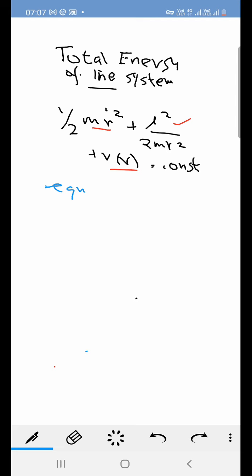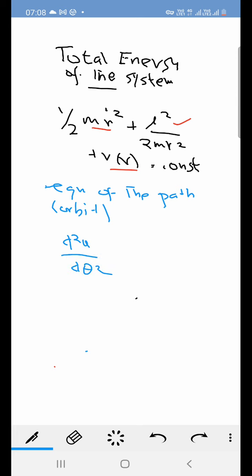The equation of the path or orbit is given as d squared u by d theta squared equal to minus u minus m divided by L squared u squared times F of 1 by u, where u is the inverse of the coordinate.